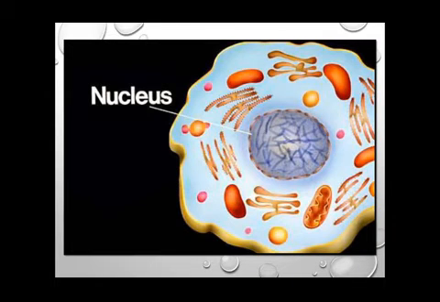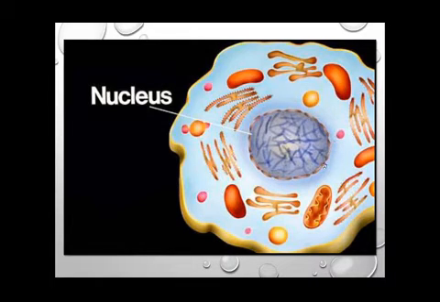If you can see here in this figure, here is the double layered nuclear membrane. This is the cell, and in the cell the nucleus is present in the center. There is a double layered nuclear membrane which surrounds the nucleus, and it has pores in between.